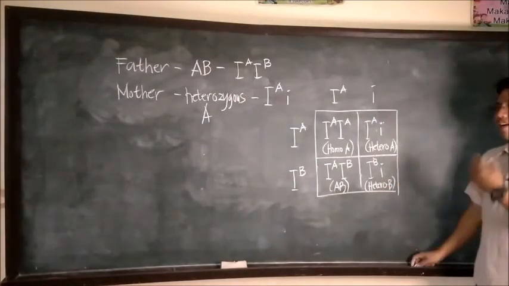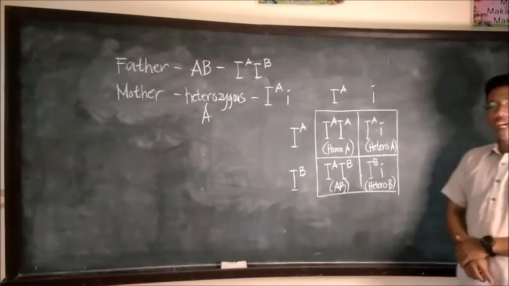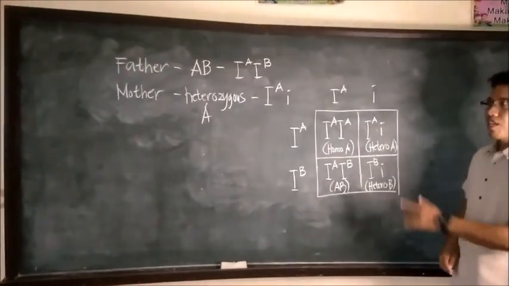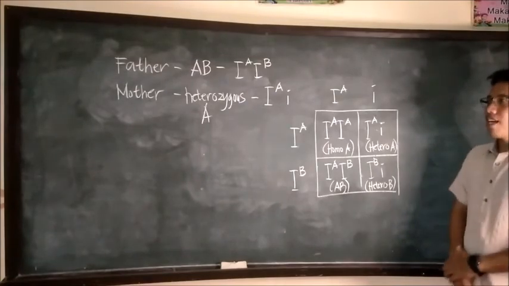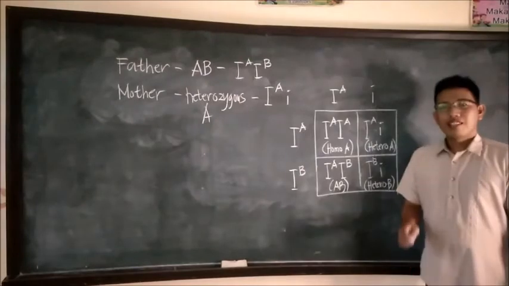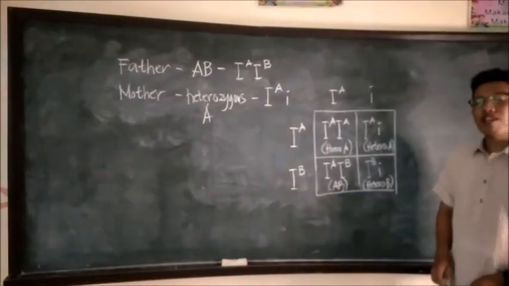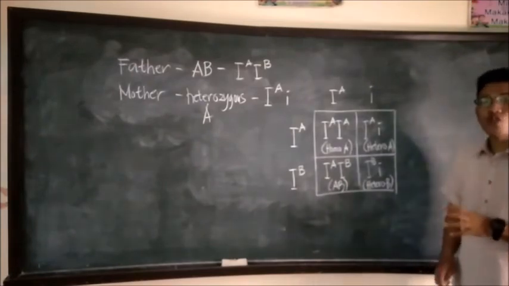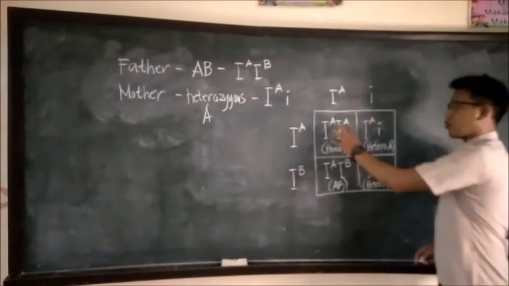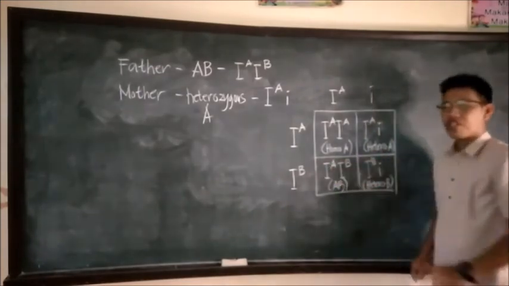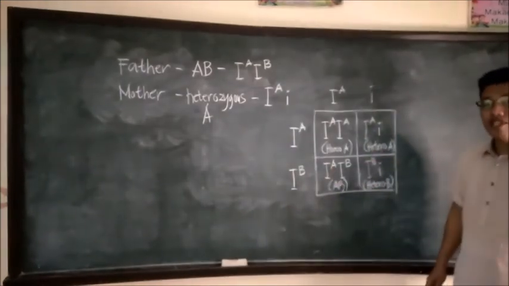Okay, so you now have the possible phenotypes and genotypes of the offspring of a cross between a blood type AB father and a heterozygous A mother. The next thing that you have to remember is that each box on the Punnett square corresponds to 25%. So this is 25%, 25, 25, and another 25% to make it 100%.